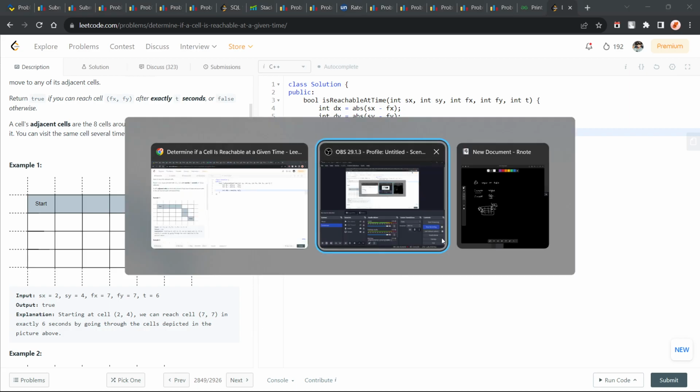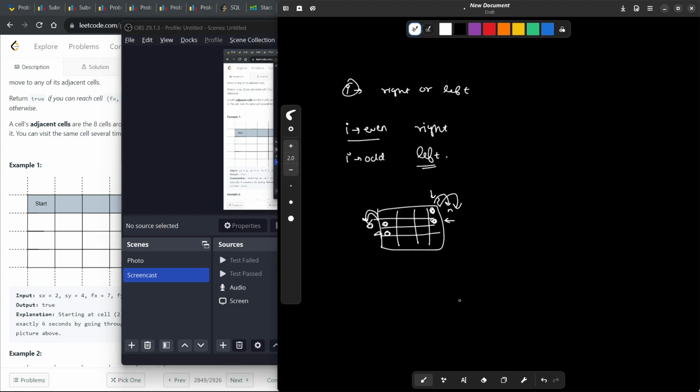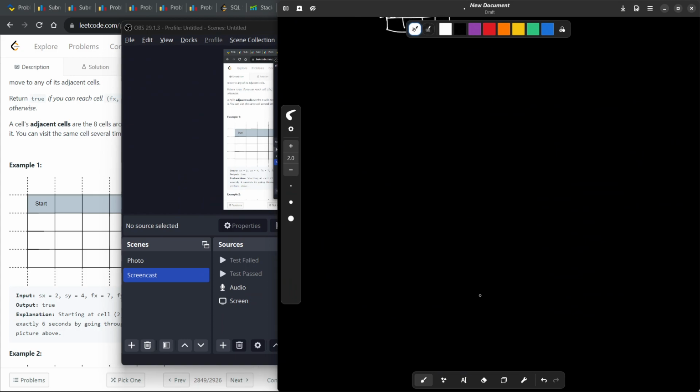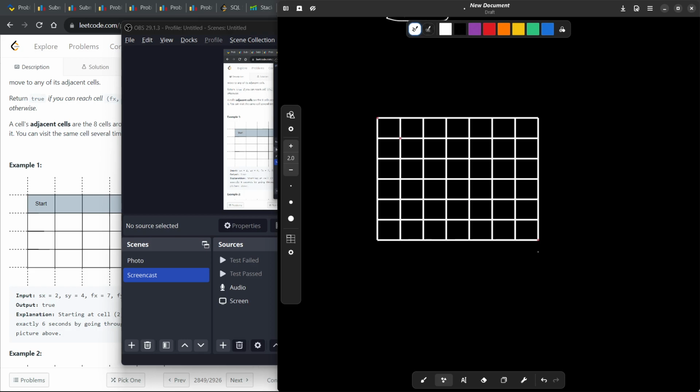Let me just draw the grid once. If I have a 2D grid, let's say you are at this point and you want to reach this particular point. What is the total distance that you would travel? The distance will be 1, 2 and 3.